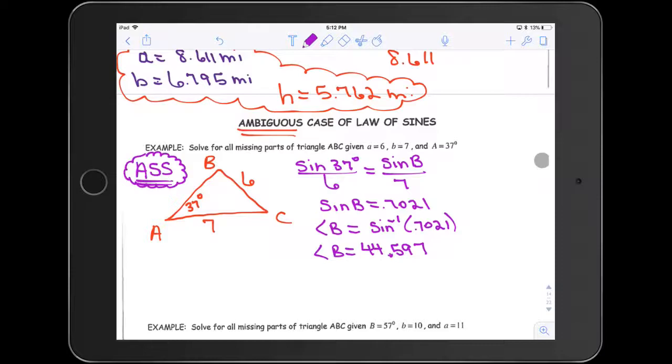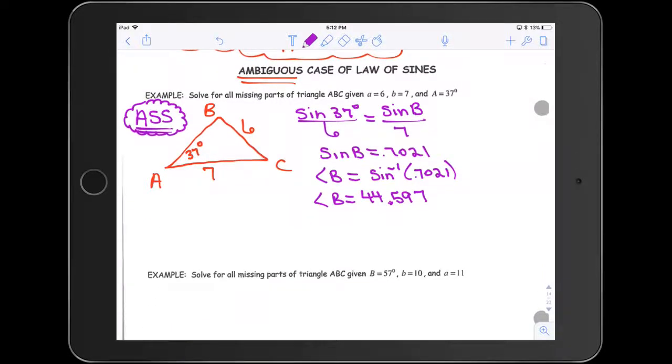Now, again, we're going to end up with 2 triangles here, and I kind of wrote big, which is going to be an issue, but I know that angle B we found was 44.597 degrees. Now, here's the thing. This is my first triangle, but I told you there's going to be 2 triangles, so this is going to be my second triangle.